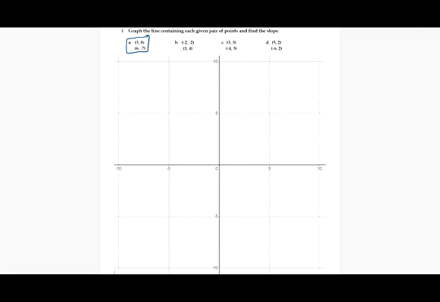So we have the point, and I'll use blue for this one, the point 3, 8. So 3 on the x-axis, 1, 2, 3. And 8 on the y-axis, so 5, there's 6, there's 7, and there's 8. So here is the point 3, 8, and the second point, 6, negative 7.